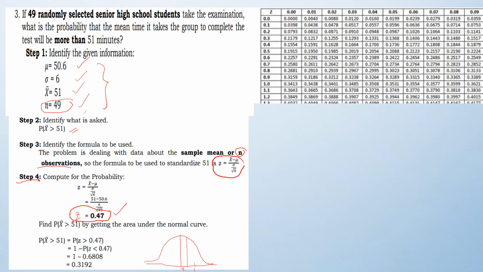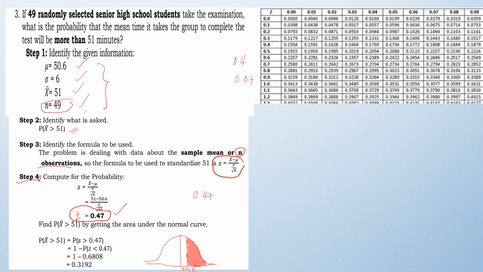Since greater than 0.47, ang may shade sa atin ay itong nasa kanan. Now, hanapin natin ang value ng 0.47 sa z-table.